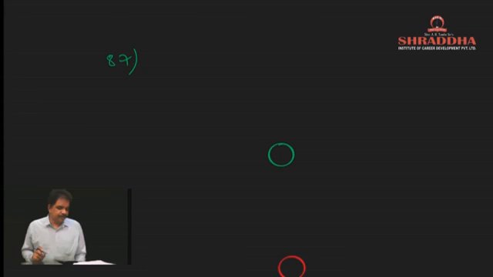Please check the problem. The temperature coefficient of resistance of platinum, its alpha value, is 3.9 into 10 power minus 3 per Kelvin at 20 degrees centigrade. Find the temperature at which the increase in the resistance of platinum wire is 10% of the value at 20.